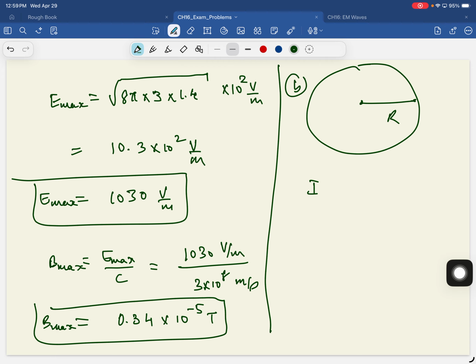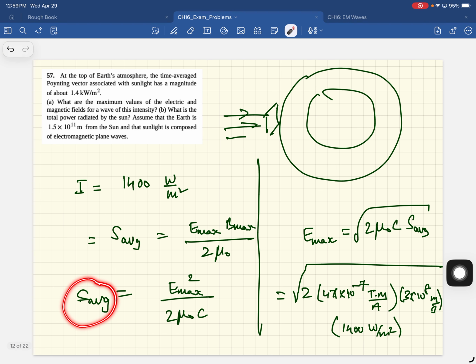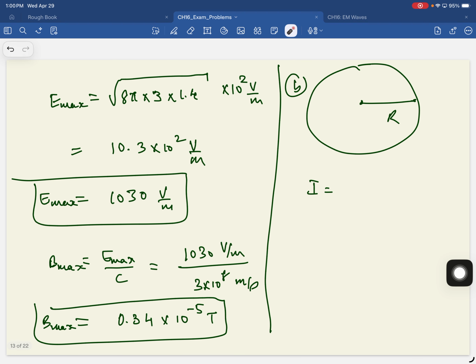The intensity reaching the Earth is the power of the sun divided by the surface area, 4 pi r squared.